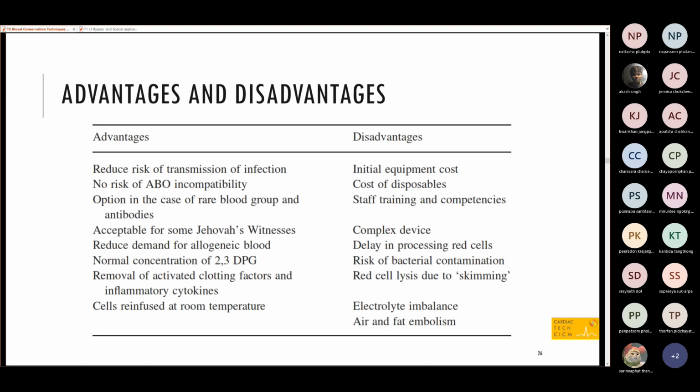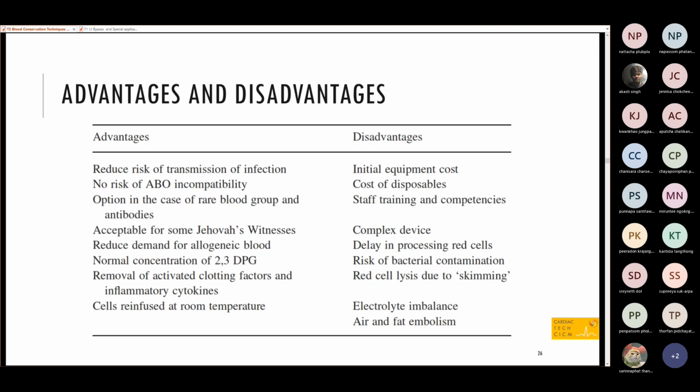However, there are some pros and cons also. The main disadvantage is that it's quite costly for some centers, and also because we mix the blood with heparin, inside the blood there is heparin and saline, so there may also be heparin reactions.